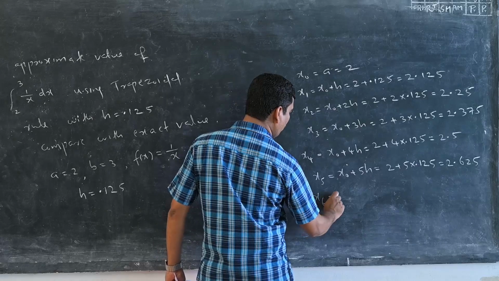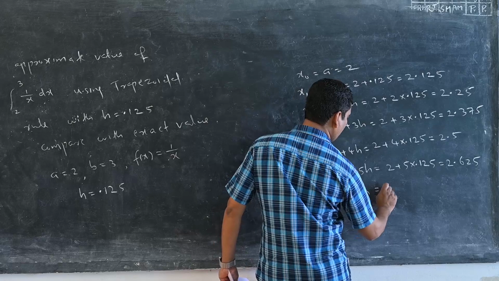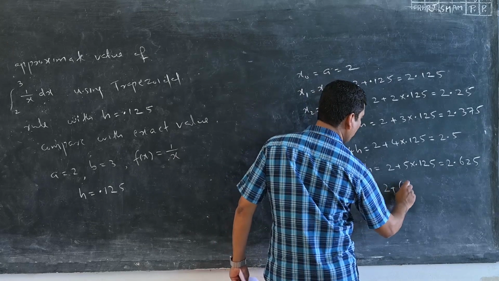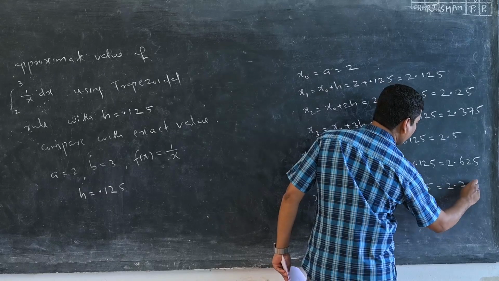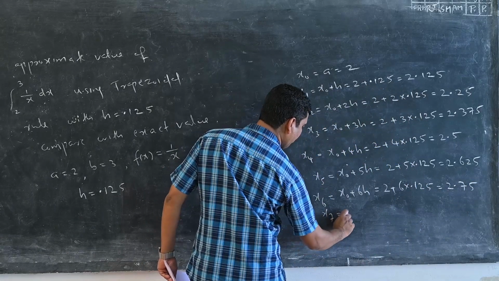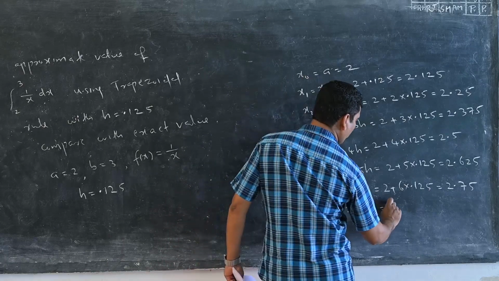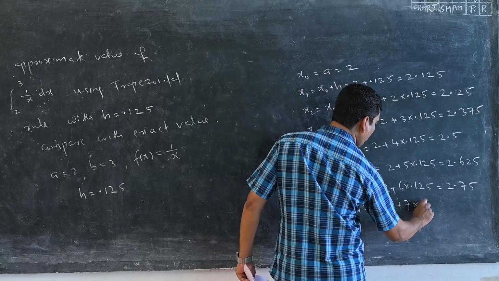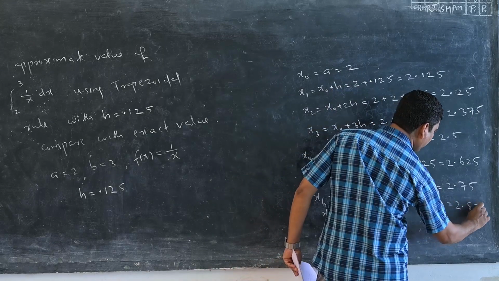X6 is equal to x naught plus 6h, 2 plus 6 into 0.125 is 2.75. X7 is x naught plus 7h, 2 plus 7 into 0.125, 2.875.